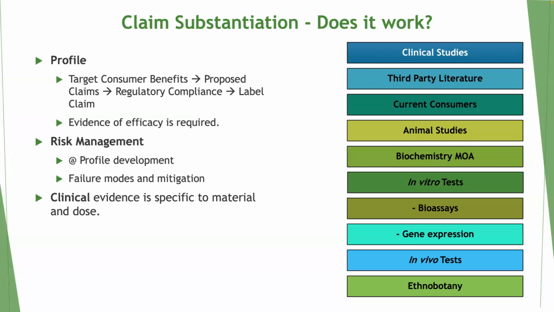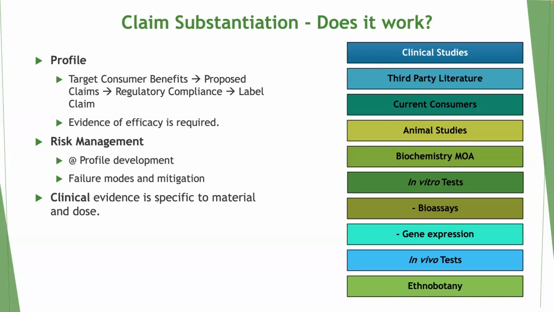The challenge there is defining the raw materials that are used in the clinical study in the third-party literature. That's the same as what you're putting in your product. There has to be an analogous, actually, ideally identical to what was used in the clinical is in your product. If not, it should be characterized to the point where you're sure that it is going to function the same as was in the original clinical study.